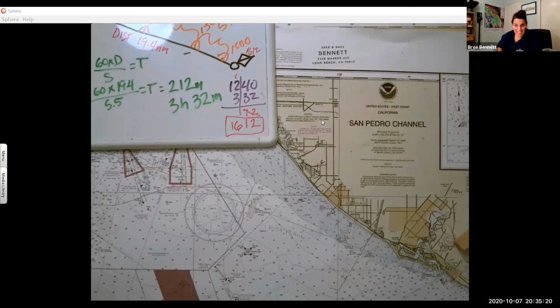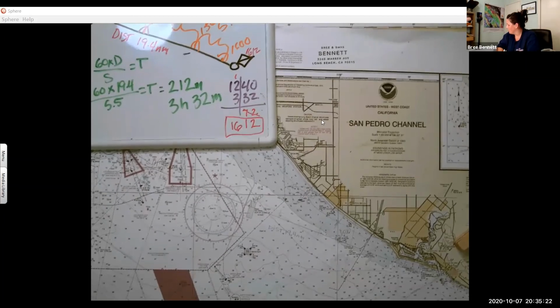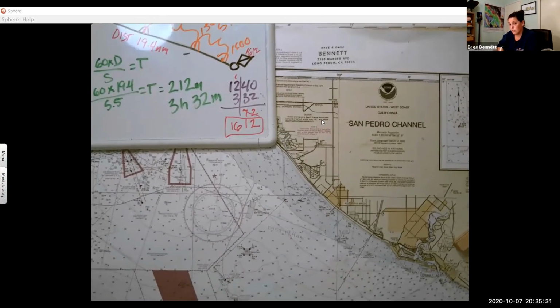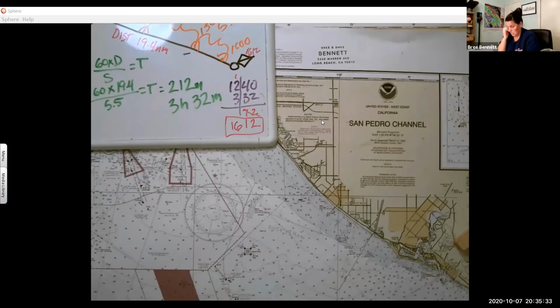They made it very easy: bearings 090 and 000. So that's due north and due east of these 2 aids to navigation. What is our fix?